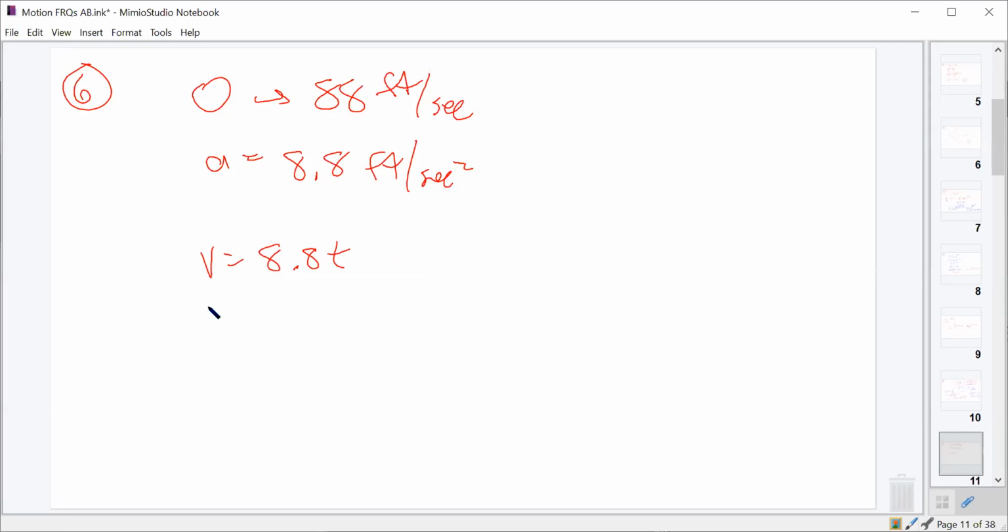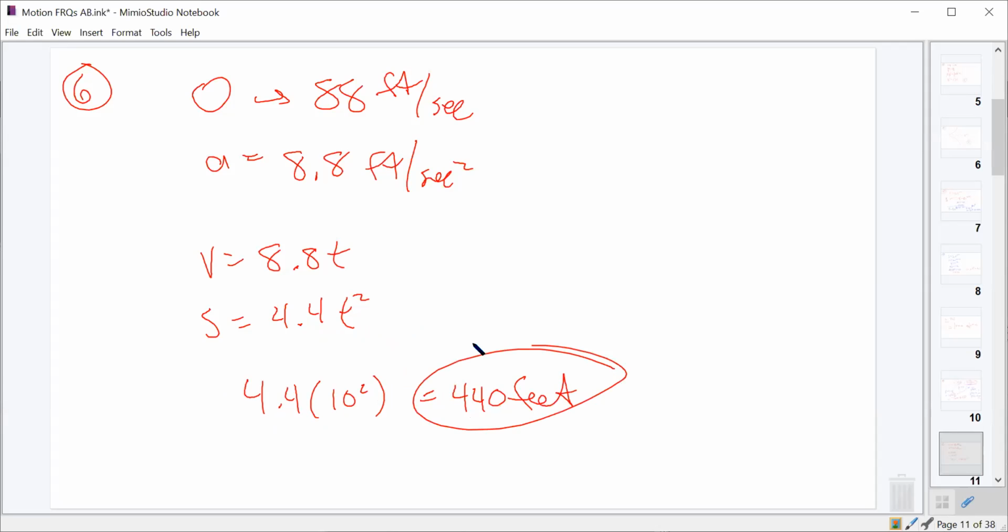Then we'll integrate that again to get s equals 4.4 t squared with an initial position of 0, so I don't need to bother with the constant again. Then we want to know what distance it travels in those 10 seconds. So that should be 4.4 times 10 squared, which ought to just be 440 feet. Good or no?